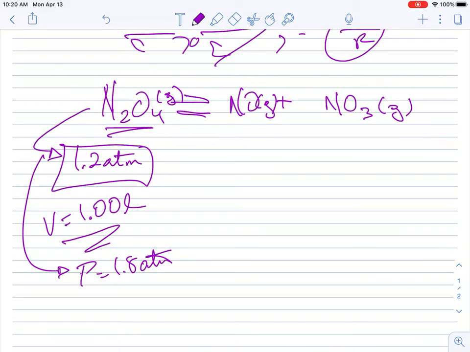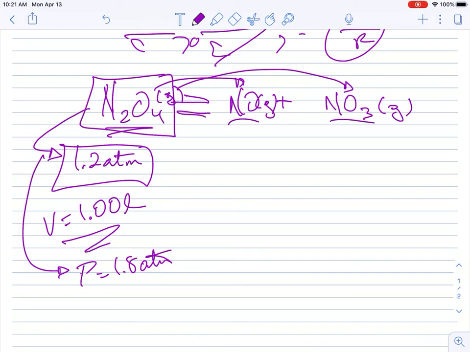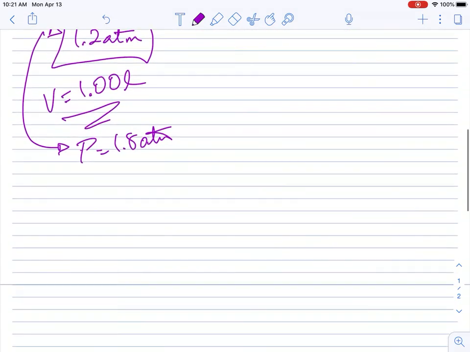When you look at what's creating this pressure initially, it was just the N2O4 molecules bouncing around. As these shifted and began to form NO and NO3, that pressure is now also created by these little particles bouncing around. So we're going to look at this with a chart involving equilibrium.